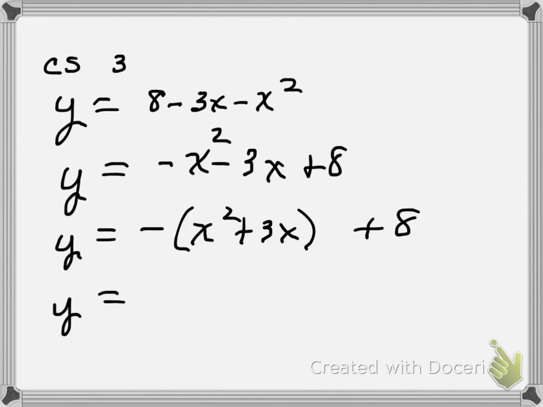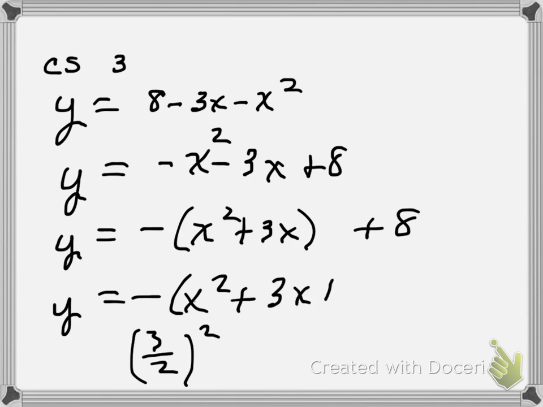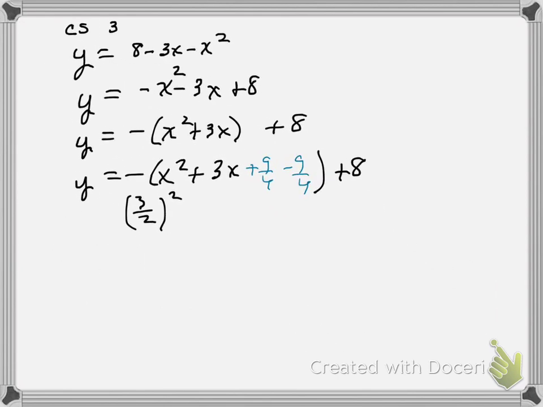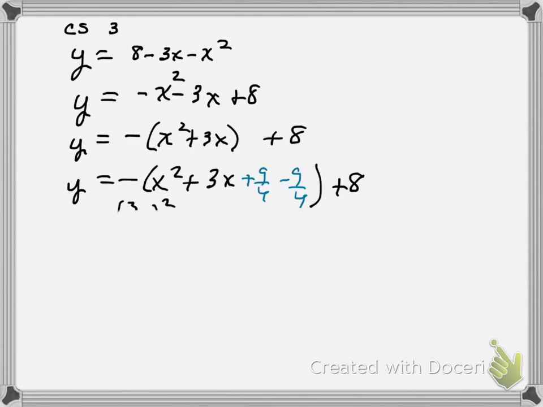But now inside of that thing, I can complete the square. So what's half of 3? Well, that would be 3/2. Square that, and I get 9/4. So I'm going to add a 9/4 and subtract a 9/4, leaving that 8 out there, so that I can actually complete the square.